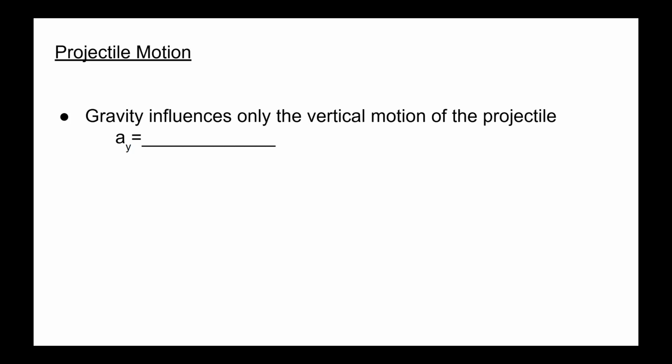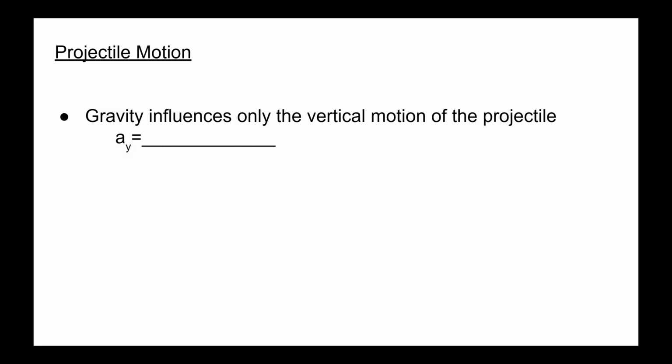So, as I just mentioned, for projectile motion, projectiles are objects that are thrown in the air at some angle. So they're also in free fall, meaning air resistance is negligible, but now they're acting in 2 dimensions. For projectile motion, gravity influences only the vertical component of the object's motion.